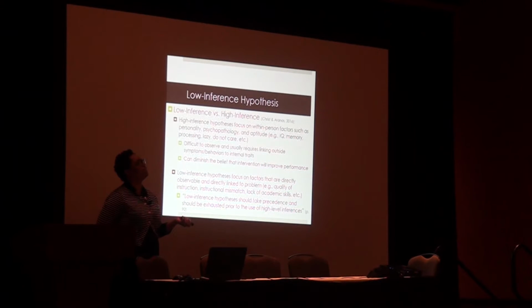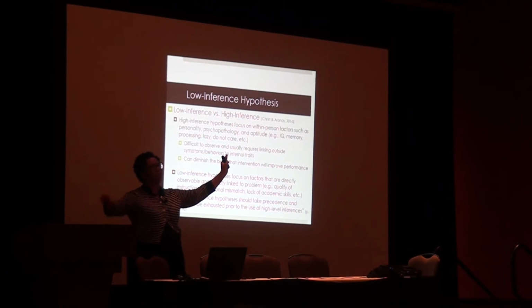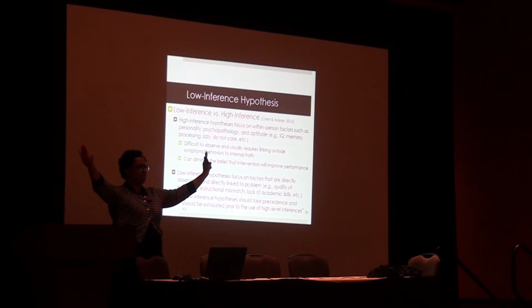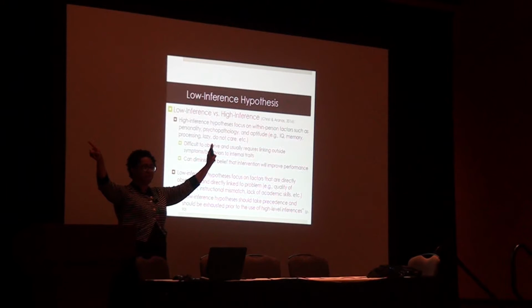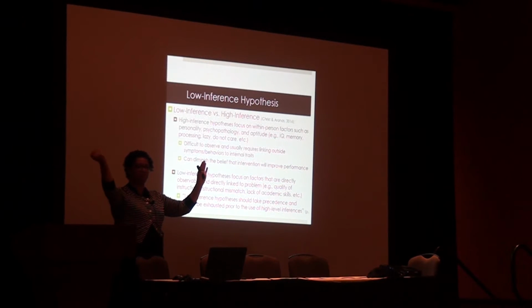How do you connect that a child is lazy to that they're having a reading difficulty? It's a long road to get from there to there. Does that make sense? Because it's very high inference. It's very difficult for us to see, for us to measure, and then directly connect it to whatever behavior or performance that we're actually seeing in the classroom. That's what high inference means.